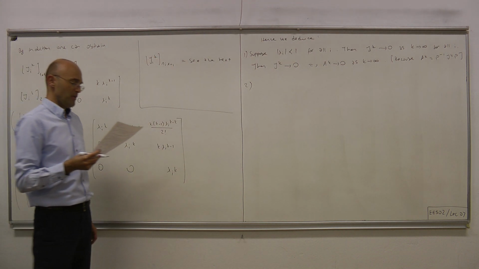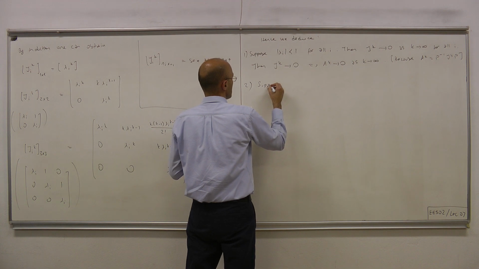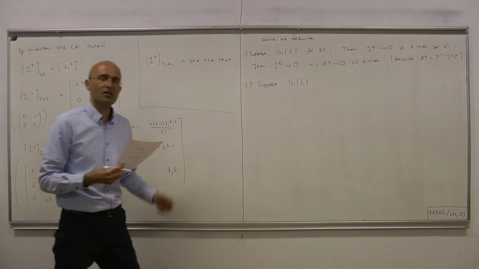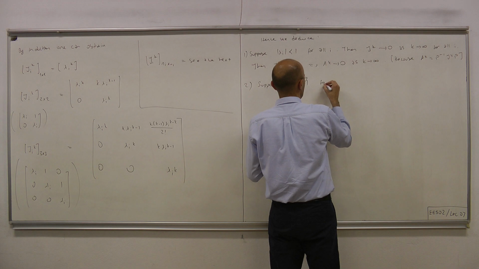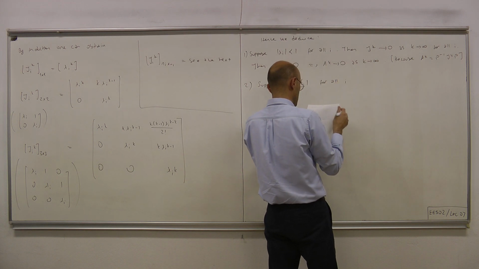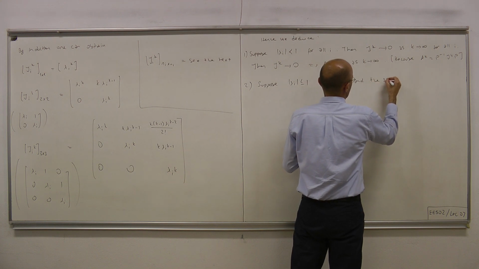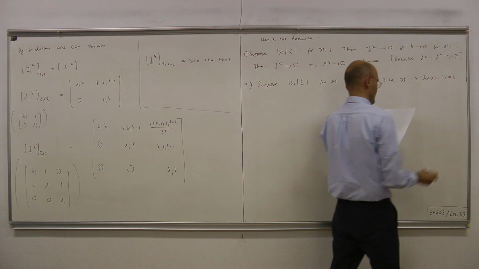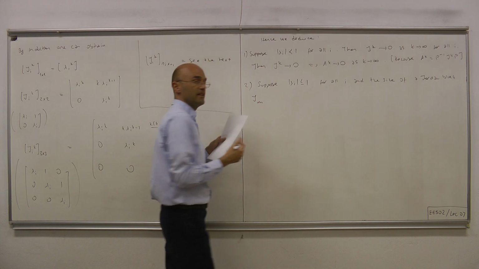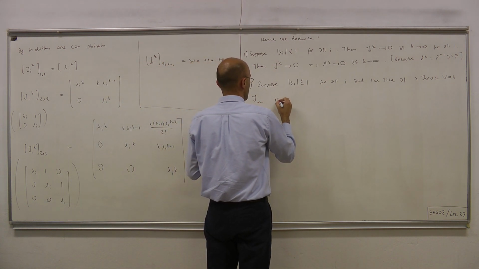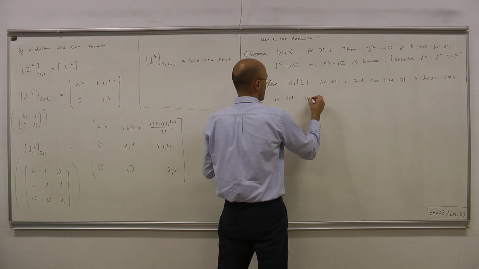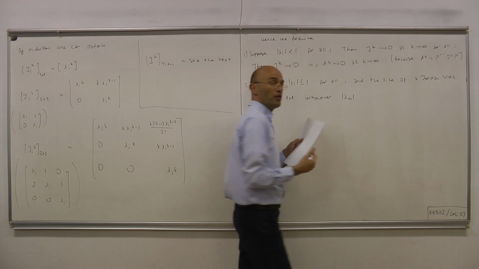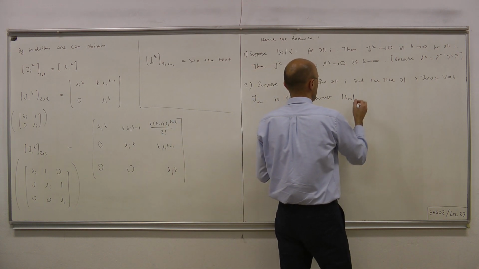Let's look at the bound of this behavior. Suppose the lambda i magnitude is not larger than 1 for all i, and the size of the Jordan block J_n is 1 by 1 whenever the magnitude of the corresponding eigenvalue is exactly 1.